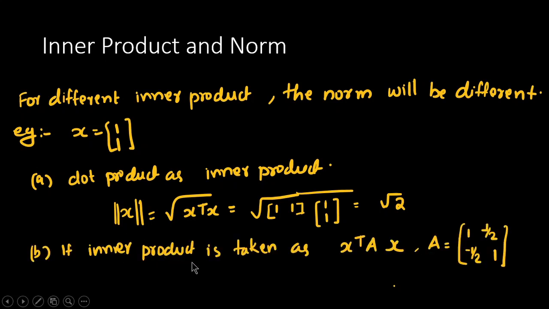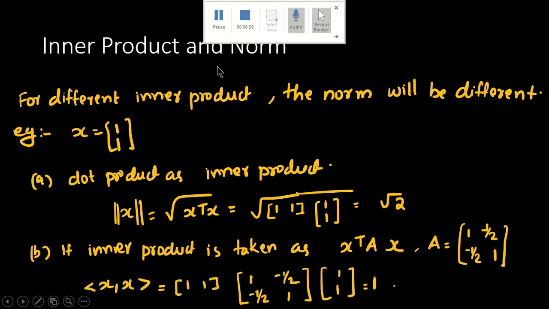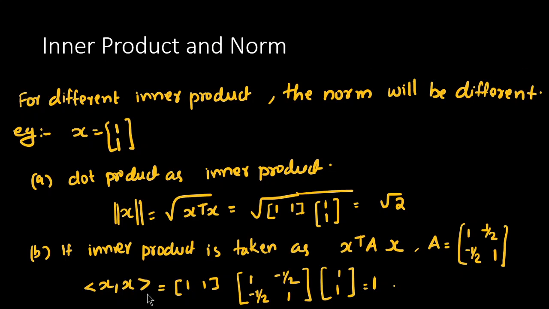Then if we choose another function as an inner product, say we take x transpose A x as the inner product and assume A is equal to [1, -1/2; -1/2, 1], then the inner product of x with x will give you 1. So find the difference.